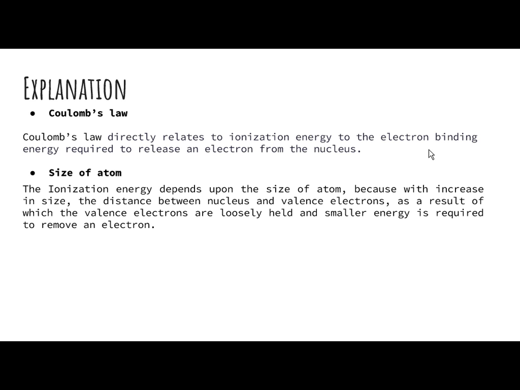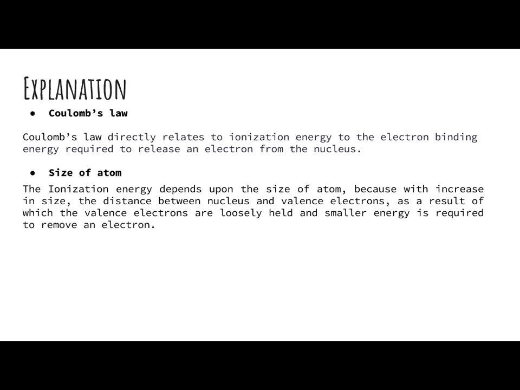The size of the atom relates to ionization energy because the bigger the atom, the more space there is between the nucleus and its sublevels. So it's less ionization energy with a bigger atomic radius, because there isn't as much attraction to the nucleus.